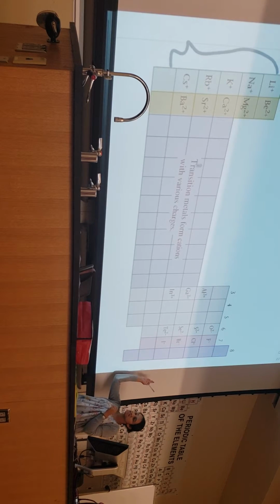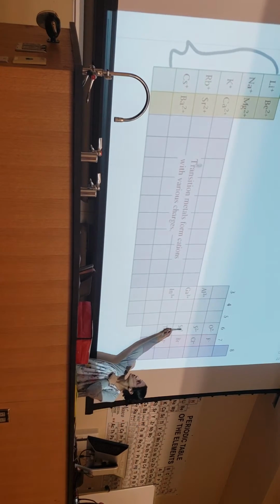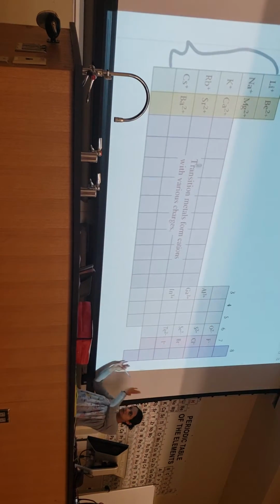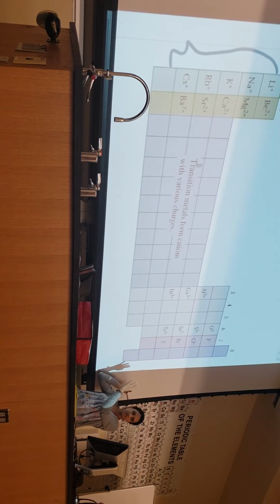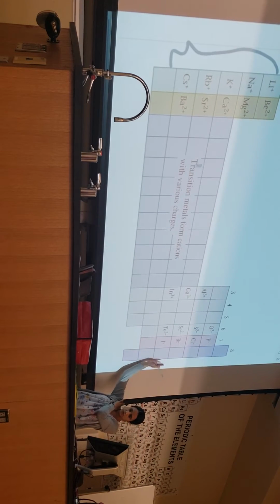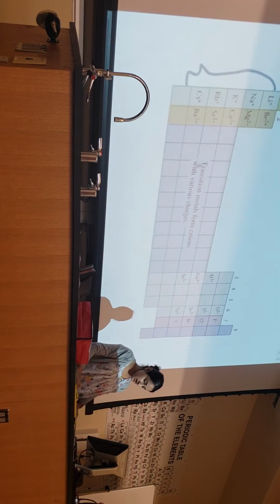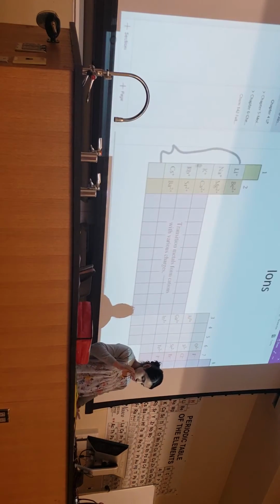Then on the non-metal side, they like to gain electrons. So gain 2, gain 1. The noble gases don't like to do anything, because remember, these are the nobility. They're born into it, so they don't have to do anything. You're going to see this in chapter 5, so it's important that you know your charges.